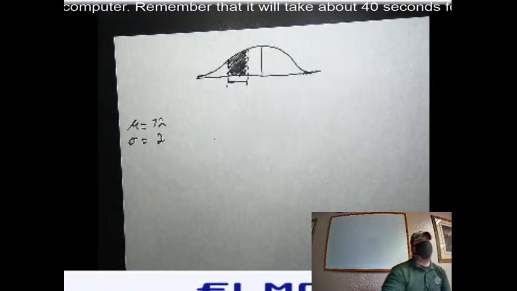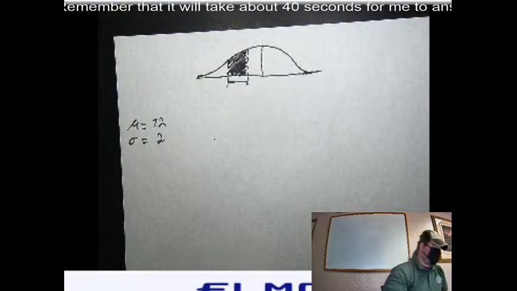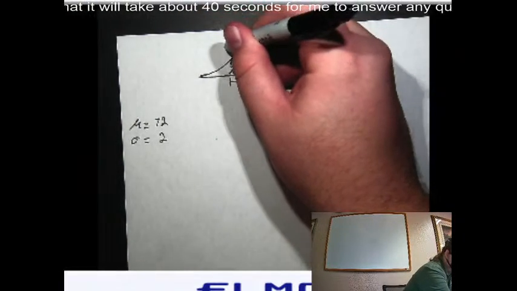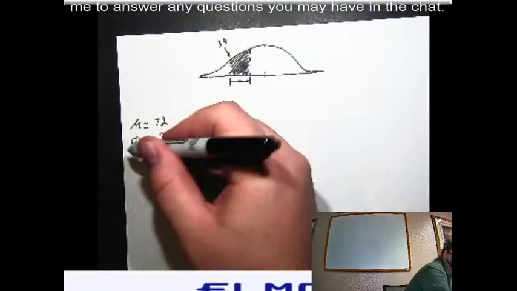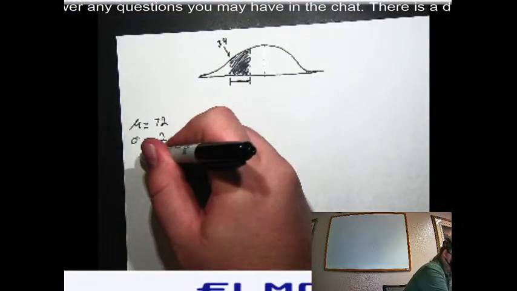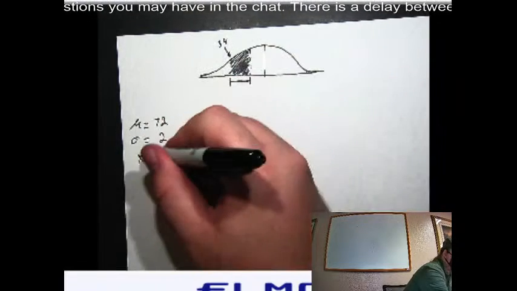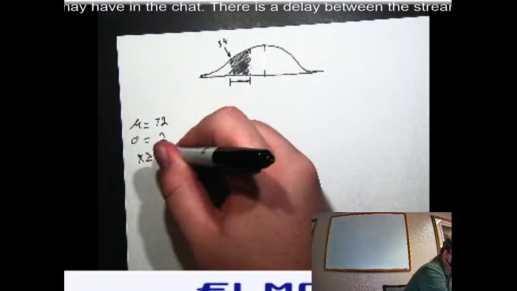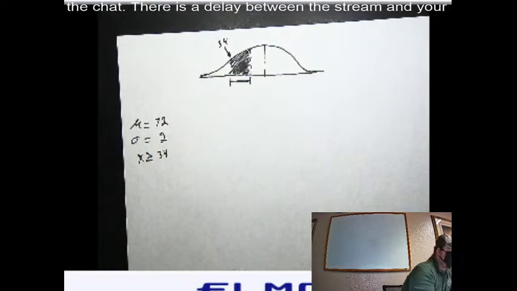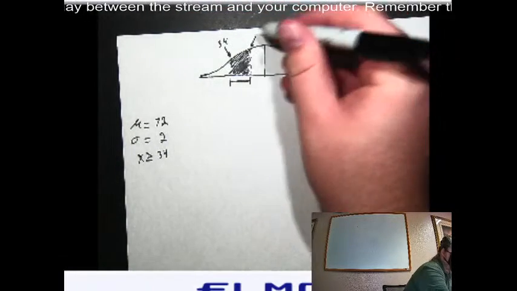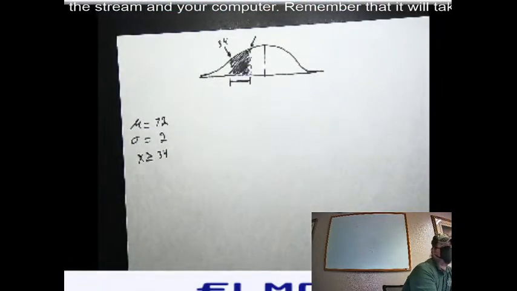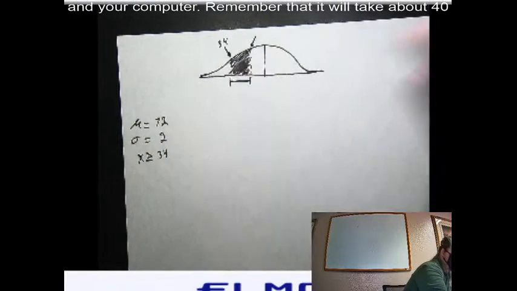And now we need to know what x values we're looking at. So let's say that this one here is 34. And this one right here is something like 60.